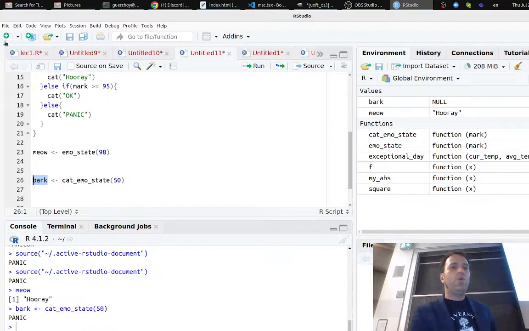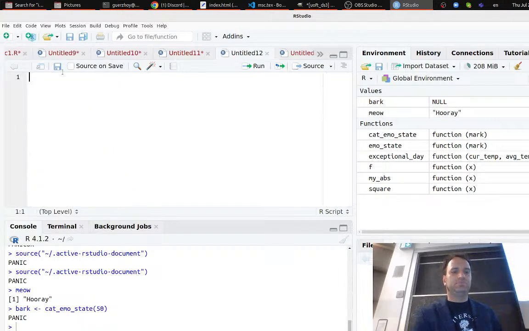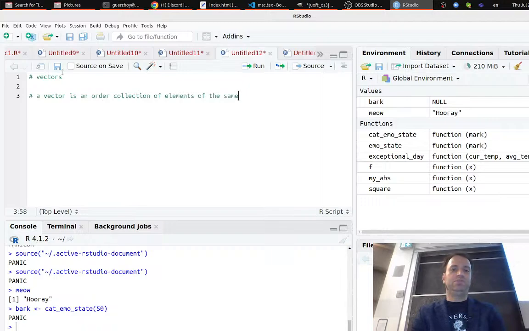And now I want to do vectors. A vector is an ordered collection of elements of the same type. So for example, you can have like 4, 6, 7.